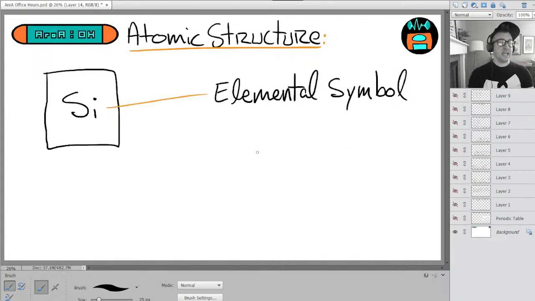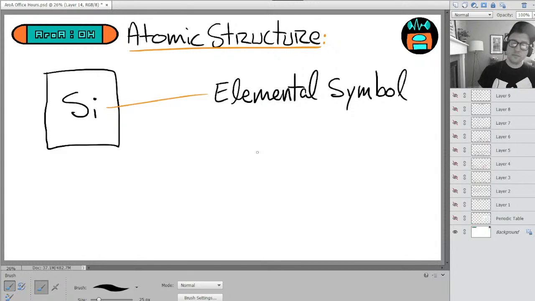Every element on the periodic table has a unique elemental symbol. Most of them actually have an elemental symbol that is just one letter. Others have elemental symbols that are two letters, like you can see here. Silicon is Si because just S by itself is sulfur. So when a letter is already taken, they will add a second letter to differentiate them.